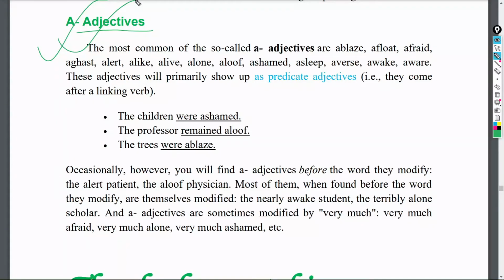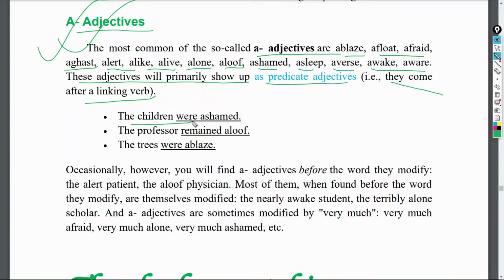क्योंकि you know the rules, है ना. Knowledge is power. Let us see the most common of the so-called a-adjectives: ablaze, afloat, afraid, aghast, alert, alike, alive, alone, aloof, ashamed, asleep, averse, awake, aware. These adjectives will primarily show up as predicate adjectives, that is, they come after a linking verb. अभी देखिए, the children are ashamed.